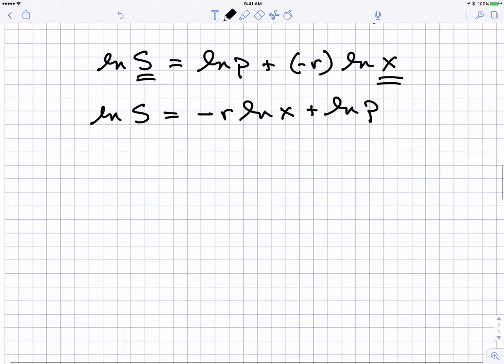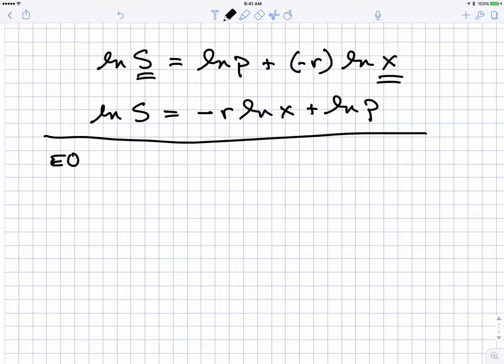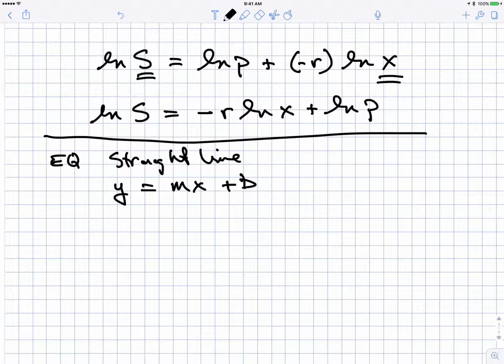My reason for doing that is simply that it will now look a little more straightforward to us, because if we remember that the equation of a straight line is simply y equals mx plus b.